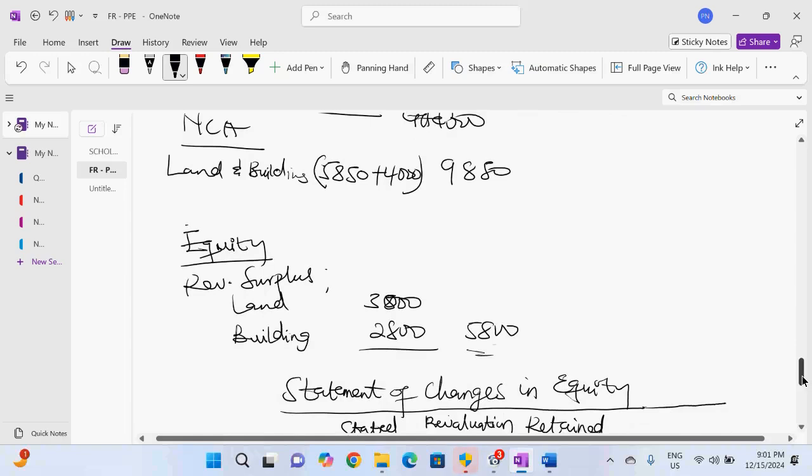And then what is the remaining useful life? 40. Okay. But do you think it's prudent to bring the land as part of the revaluation surplus? Is it prudent to bring the land in?